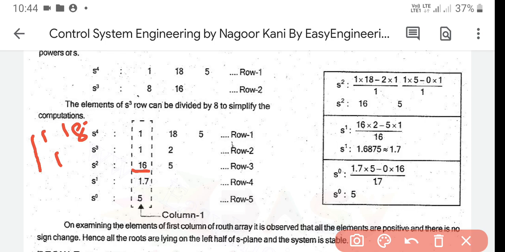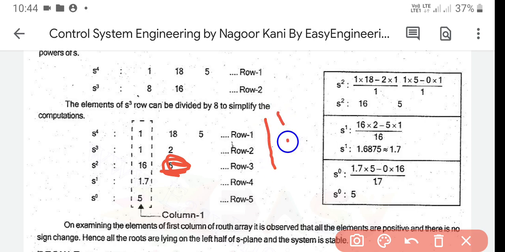Similarly, the second determinant has to be considered for finding the second element of the third row. To get this value, how do we write the determinant? The first row and second row first elements, 1 and 1, have to be considered, and the remaining elements here, that is 5 and 0.